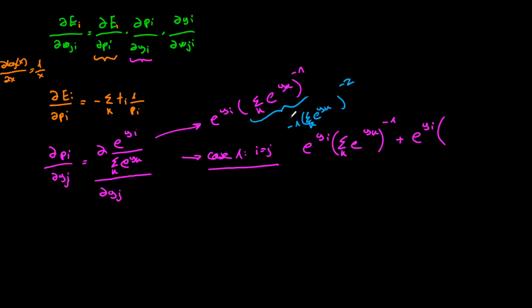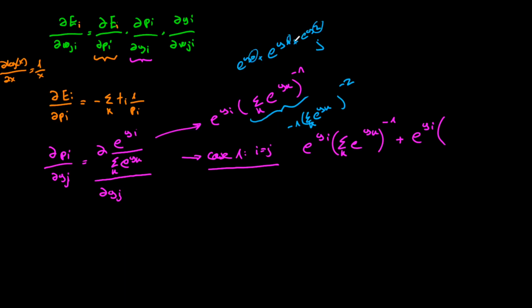What's inside here is a summation over all classes of e to the y sub k. So this is the same as e to the y sub 0 plus e to the y sub 1 and so on, starting at 0. All these are constants except when one of these elements is j.